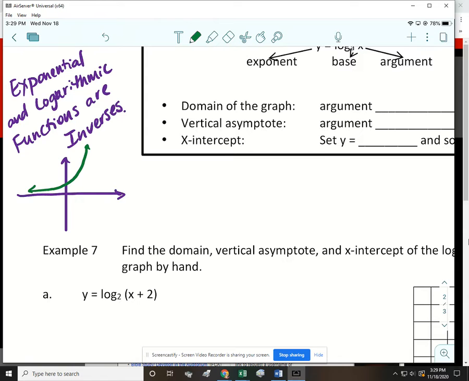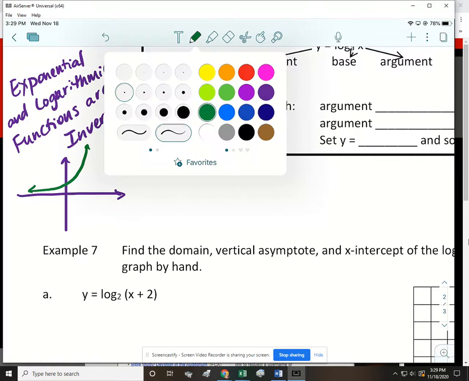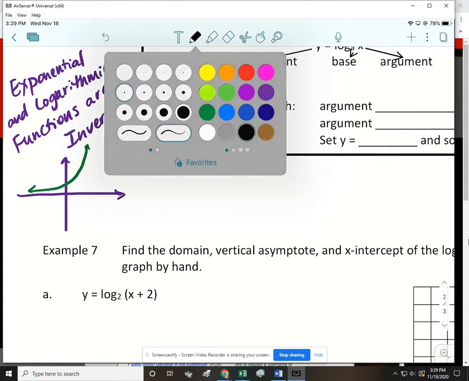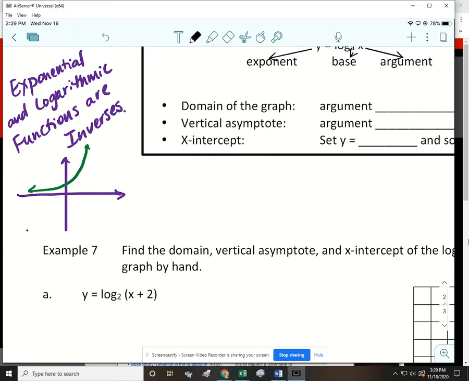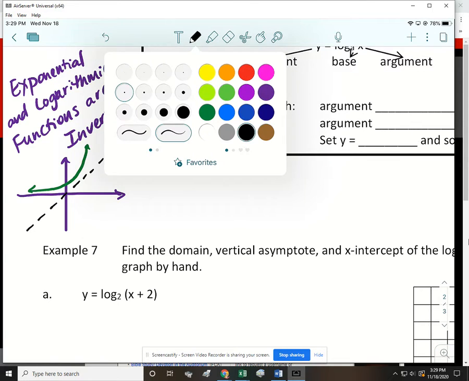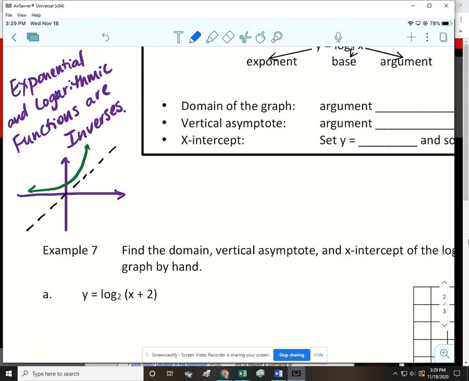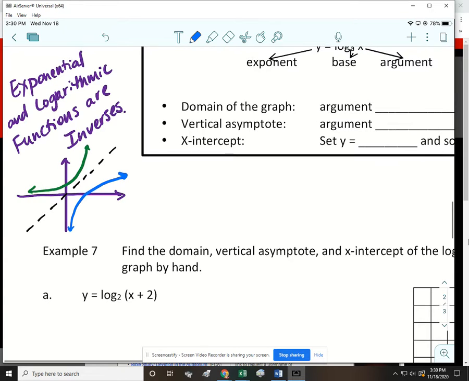Back from several units ago, we learned about inverses, and the graphs of inverses are the reflection over the line y equals x. So y equals x is that dashed line right there. If we reflect that green graph over that line, it's going to give you something that looks like this blue graph. So this one is logarithmic.